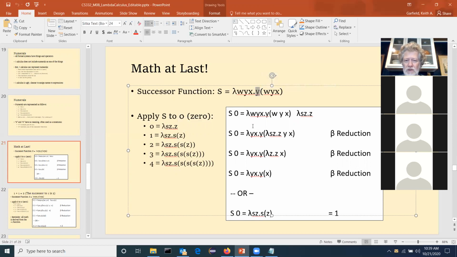So if we follow through with this, and we do allow this notation, so you don't have to write the complicated forms all the time, we're going to say that is equivalent to capital S, and 0 is equivalent to this.